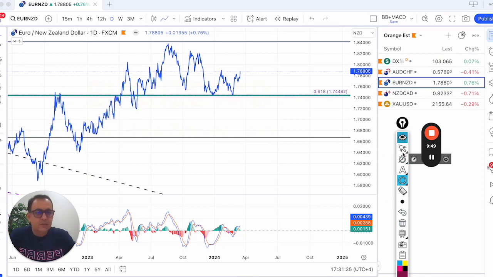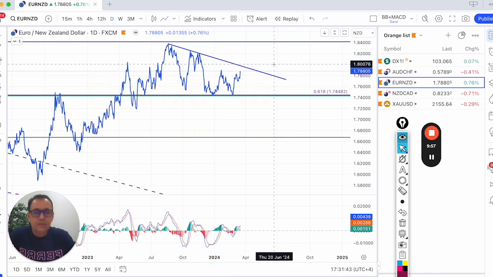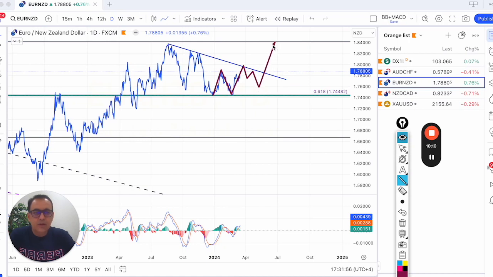At the same time, we can apply a falling trend line here, starting from the highest point and joining the lower highs. So we may face falling trend line resistance around this area, then get ready for the pullback and grab the opportunity to buy on the dip and target 1.84.